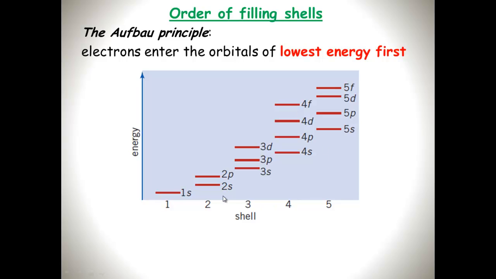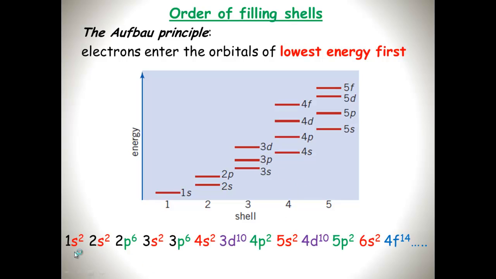And this explains why until now we've only been able to work up until calcium, because calcium forms in this region here. When this is written out, it fills up in this order: 1s2, 2s2, 2p6, 3s2, 3p6, 4s2, and 3d10.